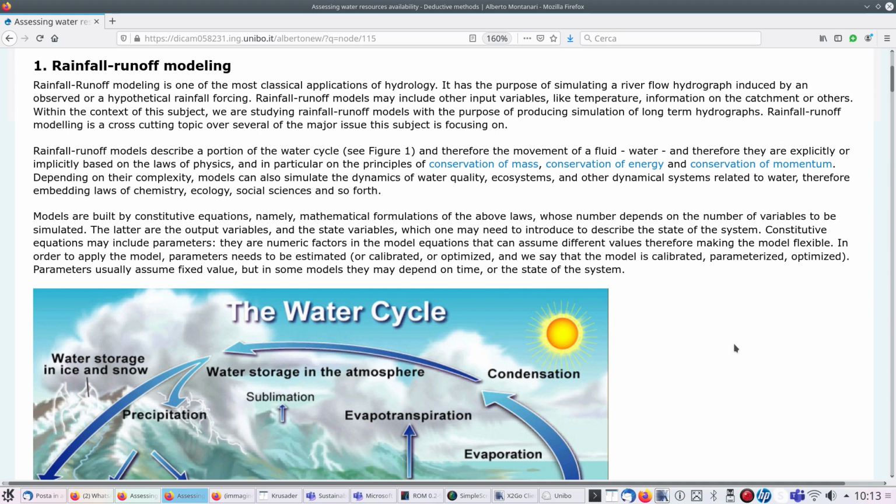We already defined it. It's the portion of the geographical area that only contributes to the river flow at a given river cross section. And therefore, by knowing the rainfall that falls over the catchment, we may try to reconstruct the river flow.